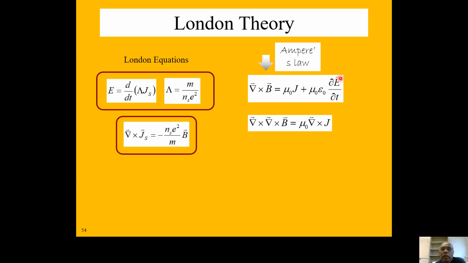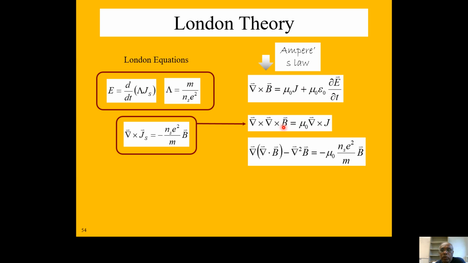Then if I take grad cross of both sides, grad cross grad cross B equals mu 0 grad cross J. We know you can write grad cross grad cross B as grad of grad dot B minus grad squared B. Everybody should know this vector calculus identity. Then grad cross Js is minus ns e squared over m times B.